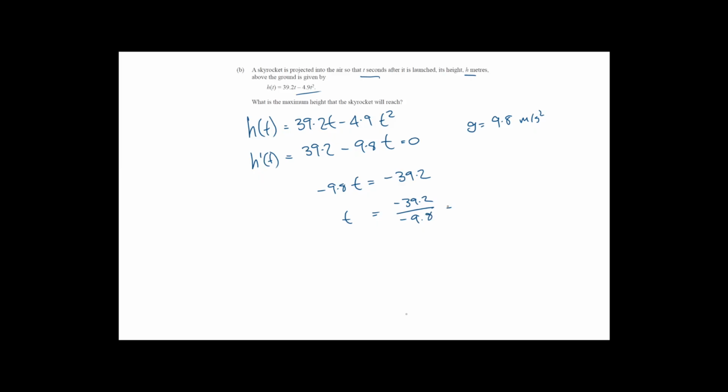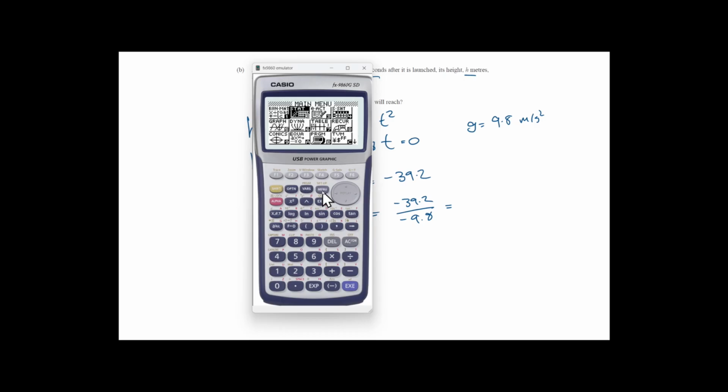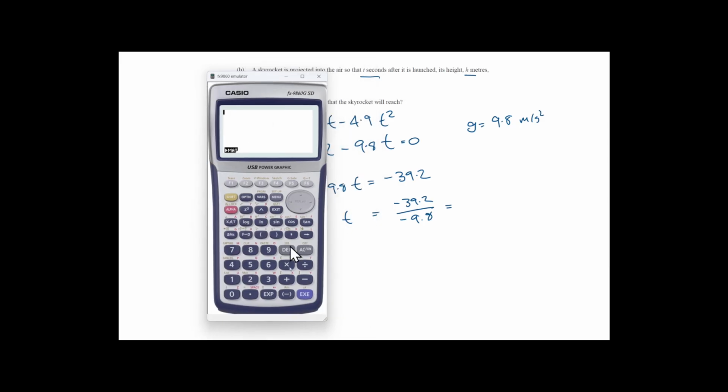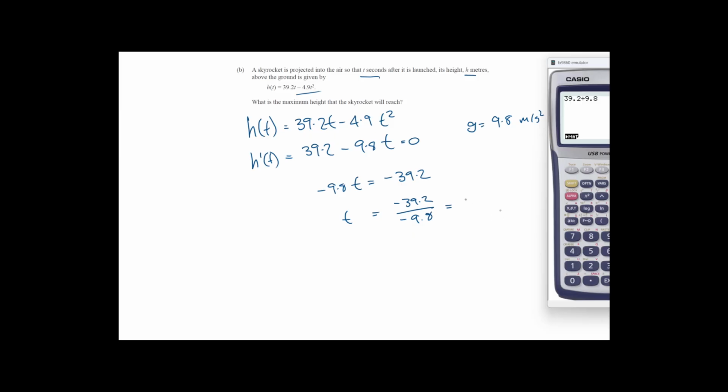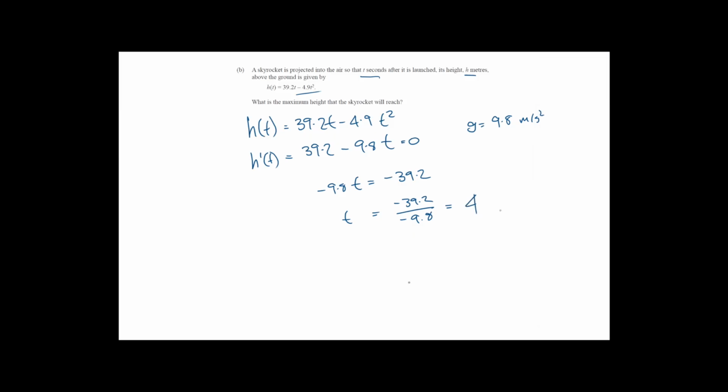The negatives are going to cancel, and 39.2 divided by 9.8 is 4. So 4 seconds after it leaves, gravity starts winning, and that's going to be at the maximum height.